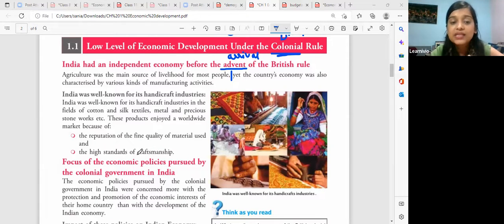Second, the high standard of craftsmanship. The designs, the craftsmanship was unbeatable. The people who used to make designs and all that, the craft they portrayed in the products, that was unbeatable. Nobody can make that product like that. So that's why India's handicraft enjoyed worldwide reputation.